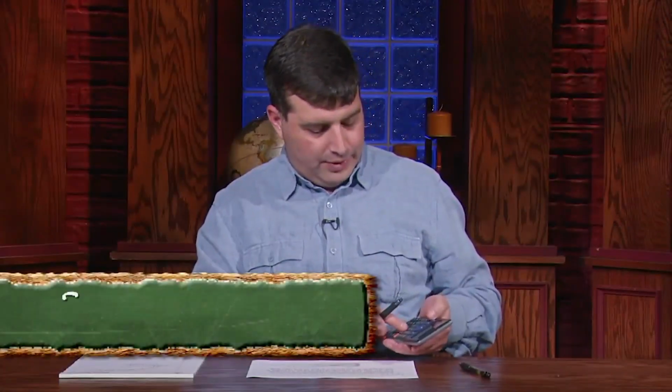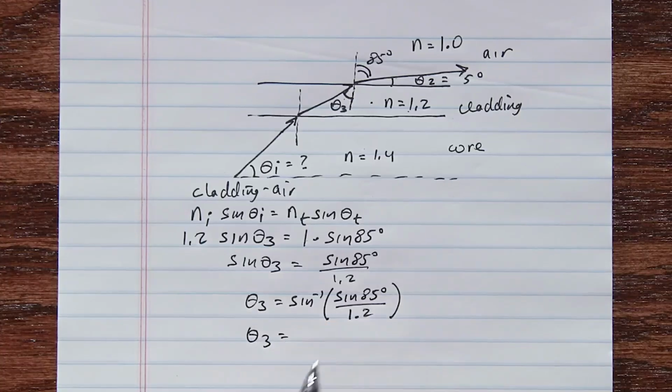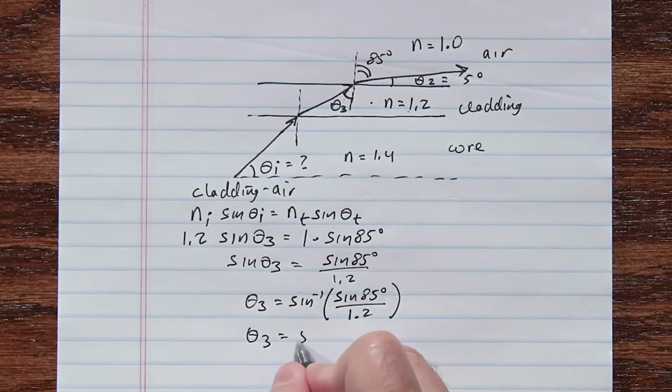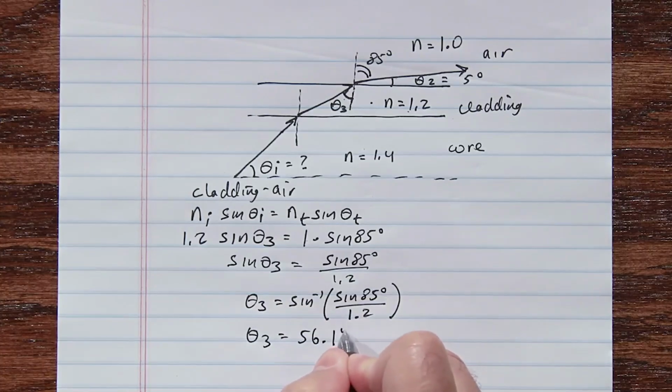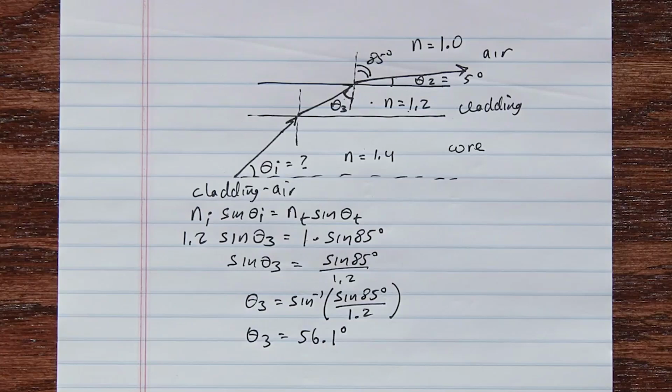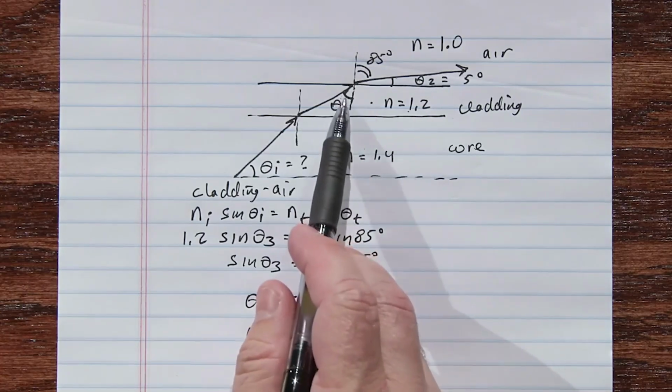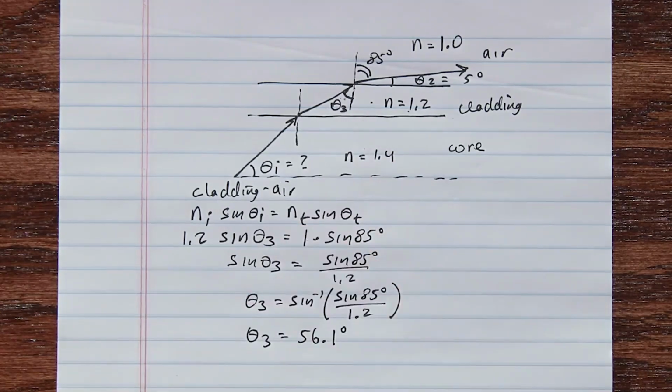Okay, I have sine inverse of sine of 85 degrees. I'll close my parentheses and then divide by 1.2 and close my final parentheses. And so I have theta 3 is equal to 56.1 degrees. So this angle right here is 56.1 degrees.